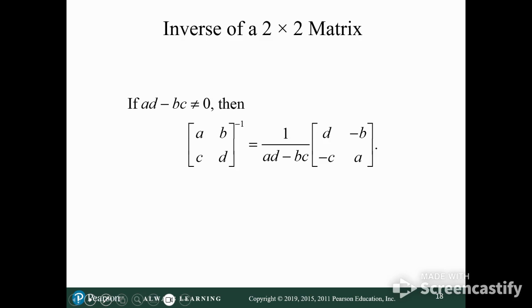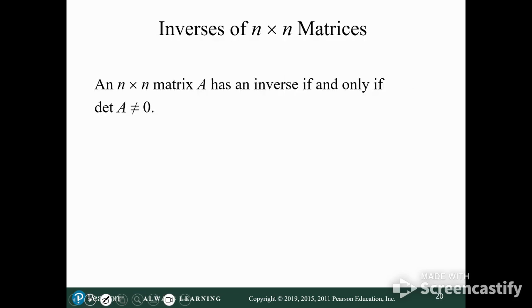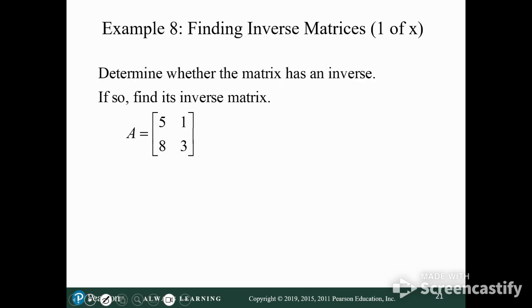AD minus BC, D, negative B, negative C, A. You can only take inverses of square matrices, and we're only going to work with inverses of 2 by 2 matrices. We'll get help from the graphing calculator to do other ones.